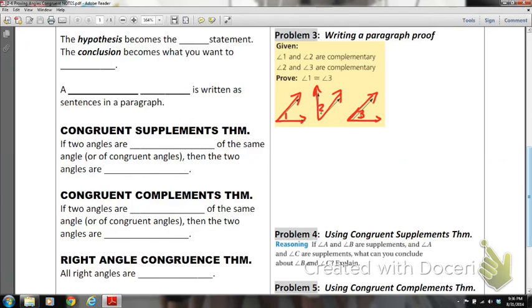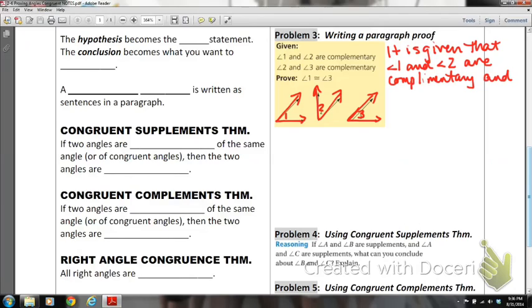So to write a paragraph proof, you do write it in sentence form. So write your given information first. So we're just going to say, it is given that angle 1 and angle 2 are complementary, and angle 2 and angle 3 are complementary.